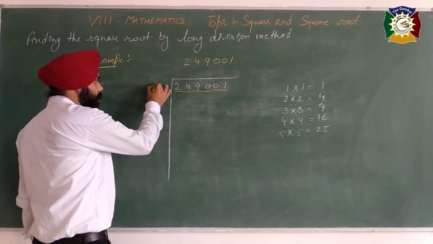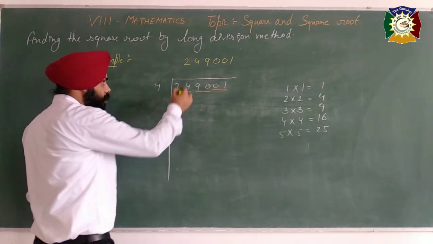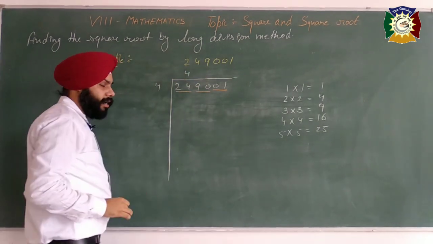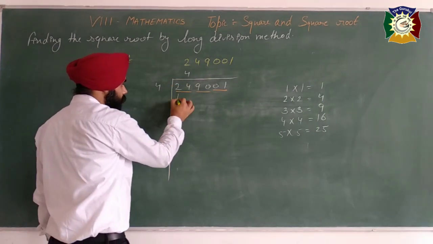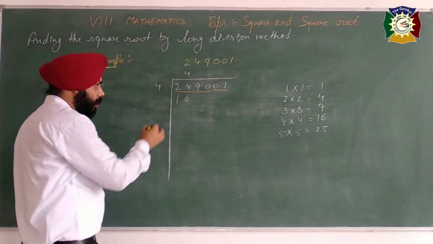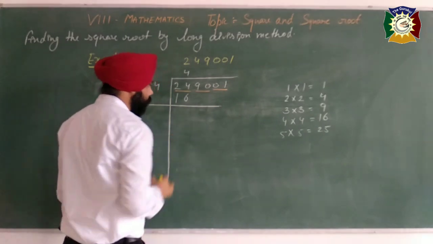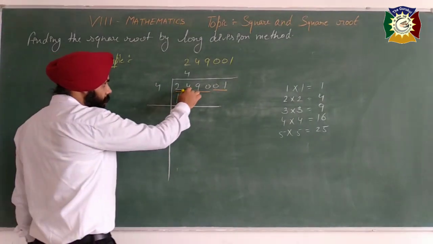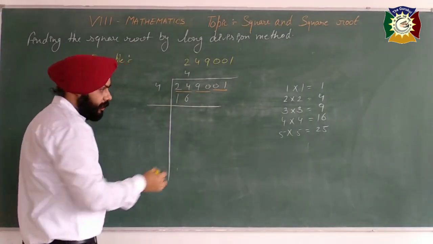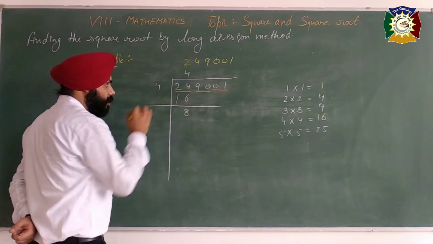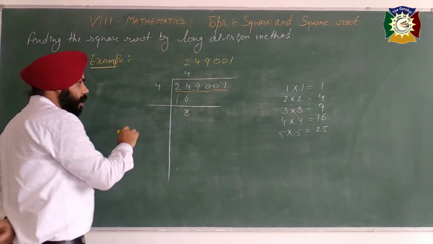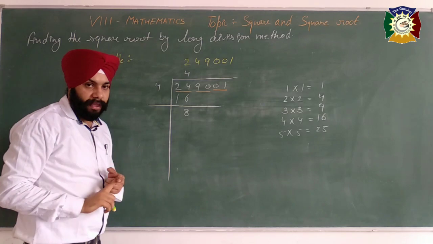So we have to write 4 here as the quotient, and 4 4 is 16, write it down over here. Now perform the subtraction. 14 minus 6 is 8, 1 minus 1 is 0. Now the next step. How to do the next step?